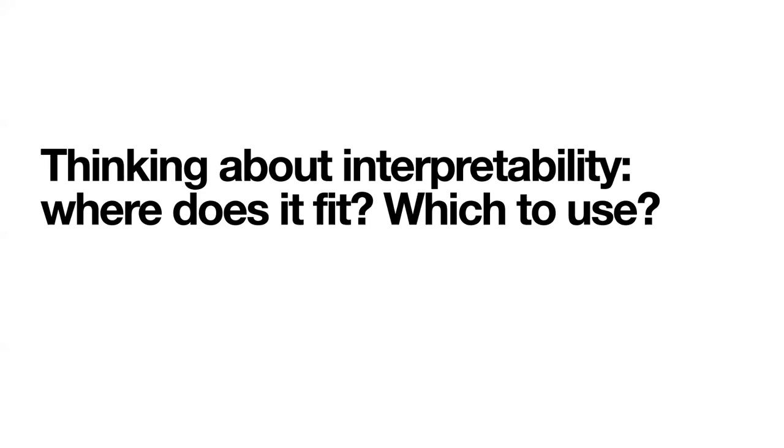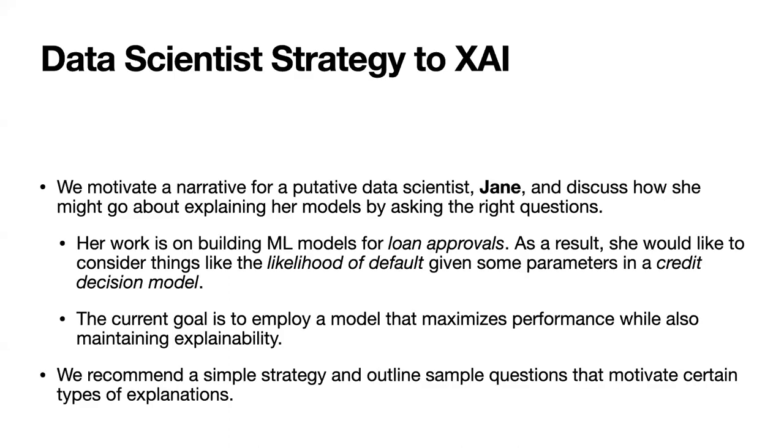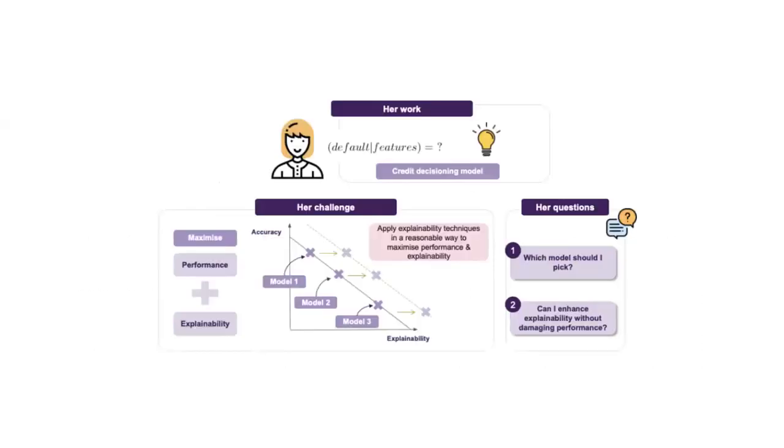And let's try and do this in this slide deck. I'll try and create a narrative here about a data scientist working for a company called Jane. And what she's trying to do is she's looking at credit decisioning. So she's looking at an application and deciding, for instance, should we grant this person some kind of loan or mortgage or whatever.